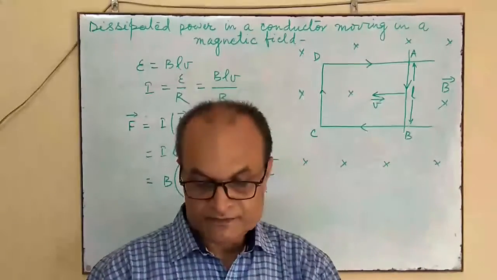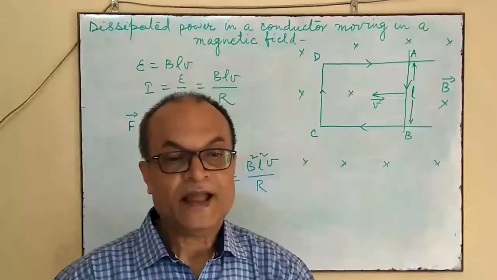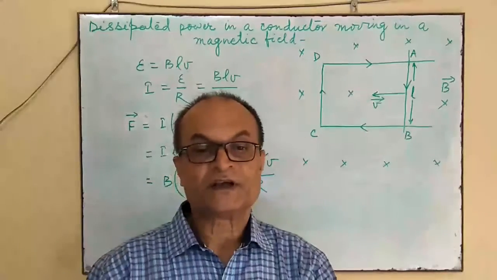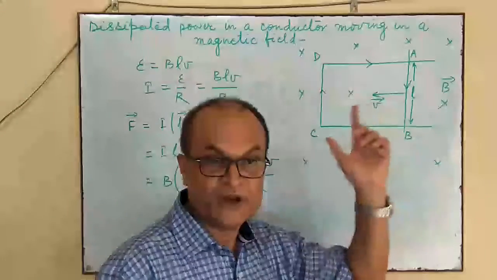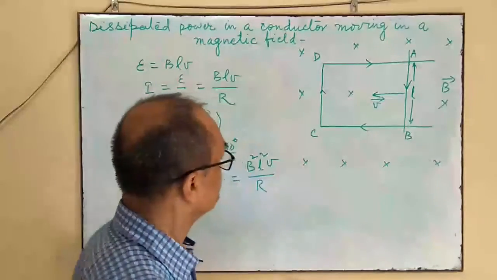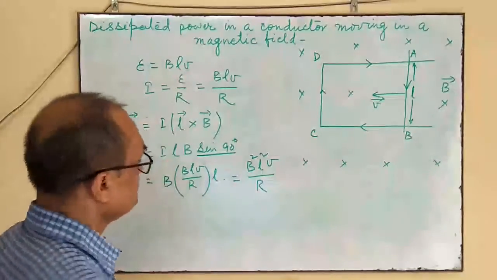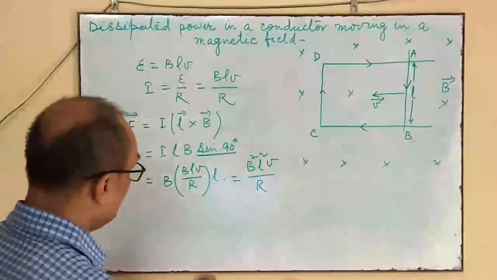Now we know very well that the rate at which work is done to move the conductor AB with uniform velocity V is the power.